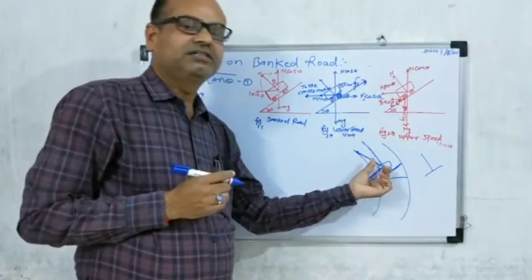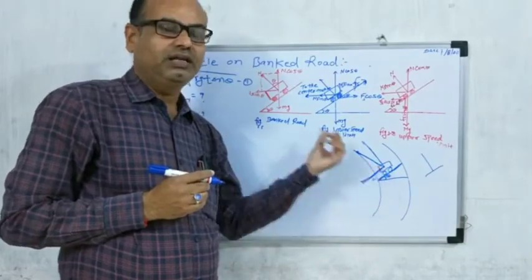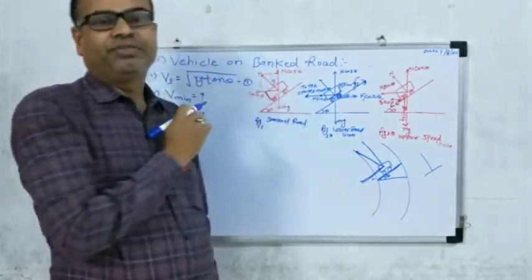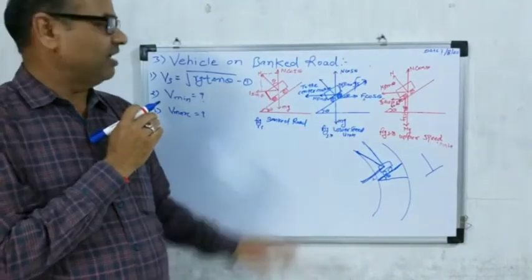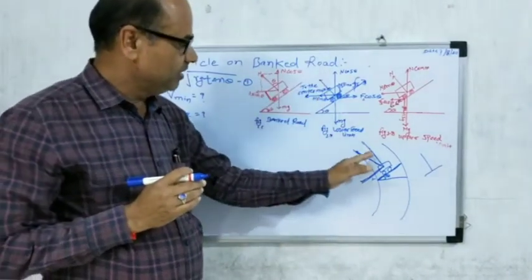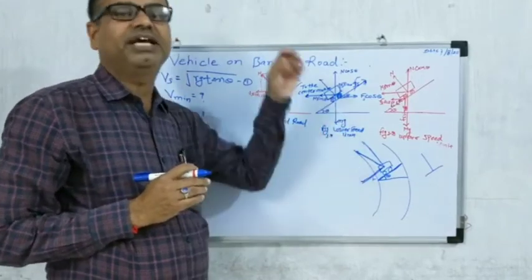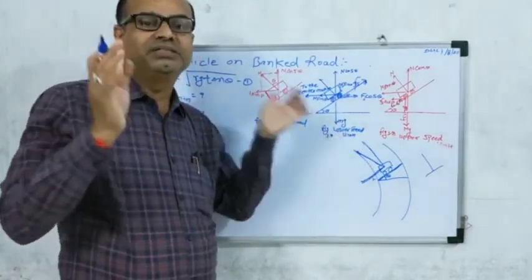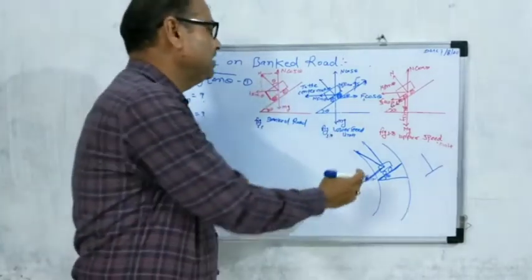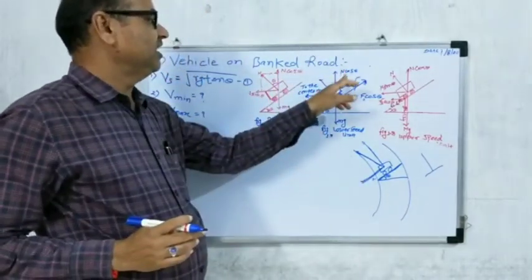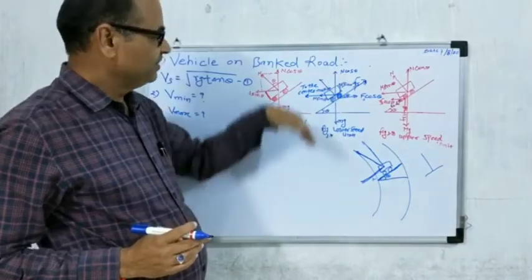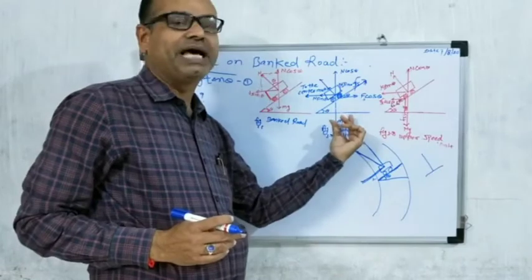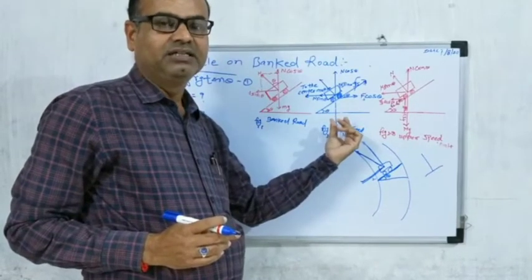For this car moving on a curved road, the normal reaction is divided into two components: vertically it is N cos theta, and downward, balanced by mg.